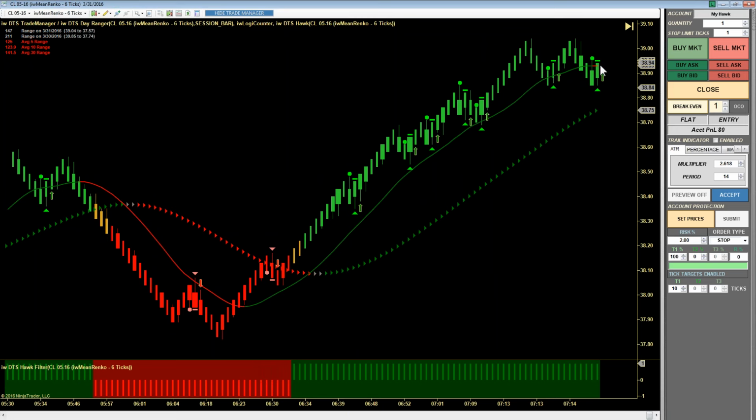Why might I be a little bit suspicious of this macro pullback signal? I'm not saying I wouldn't take it. I'm just saying, why might I be a little bit suspicious of this signal? What's going on here that might give me pause?